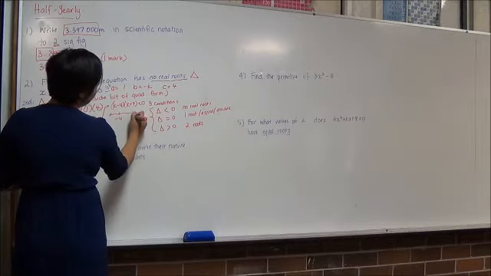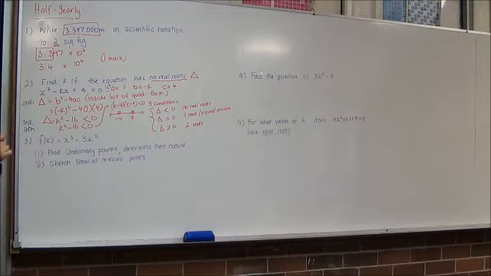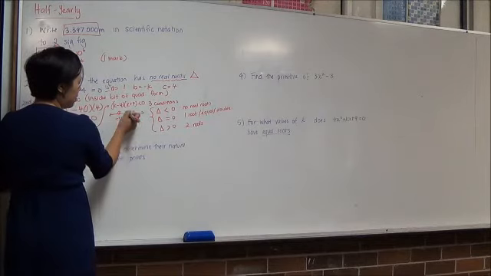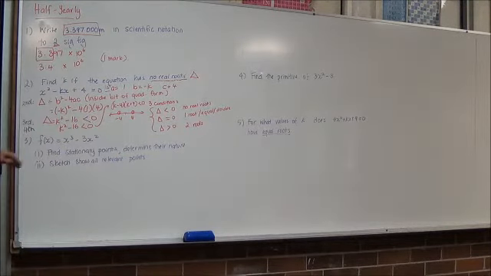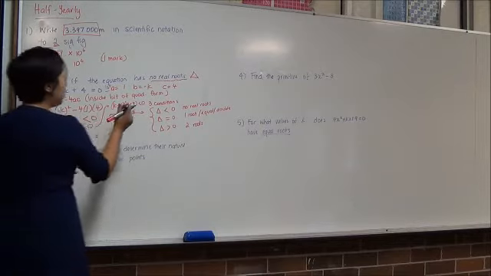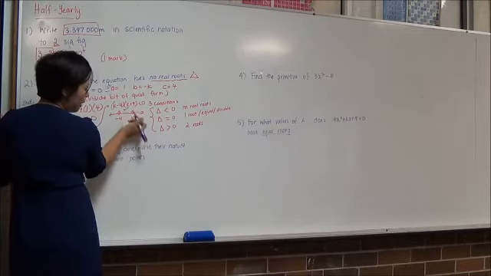But you have to test your solutions because it's an inequality. So we'll test a number between negative 4 and 4, which is 0. Substituting 0 into this is 0 squared minus 16. Is it less than 0? Yes. So that works. And that means the solutions lie between negative 4 and 4.